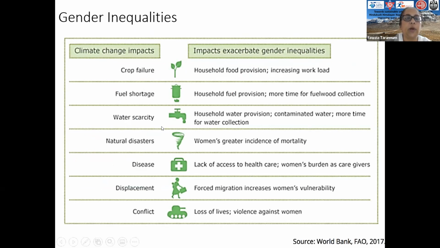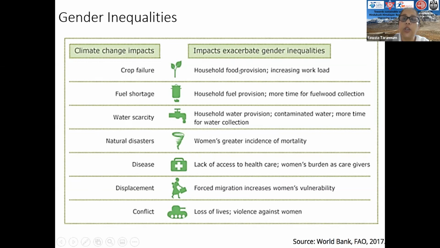I was just talking about, and I think in the previous discussion, you did speak about water scarcity and didn't speak about crop failure directly, but it did mean, in the breakout room in which I was, how important rainfall is for a farmer. So when you look at climate change impacts, crop failure, how do these impacts exacerbate gender inequality?